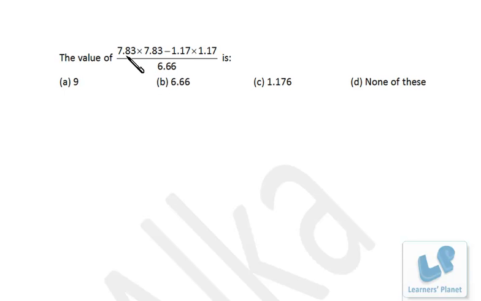So a minus b is what? 7.83 minus 1.17, that's 6.66, into 7.83 plus 1.17, that's 9, by 6.66. So finally your answer is 9. Simply you can solve it if you know the algebraic identity.